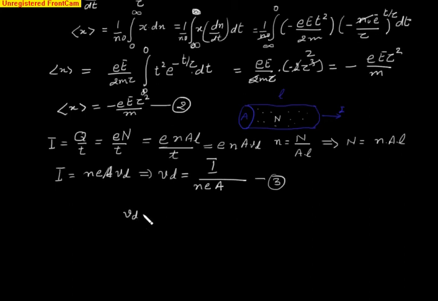Vd is equal to the average distance traveled divided by the average time, that is tau, or relaxation time.